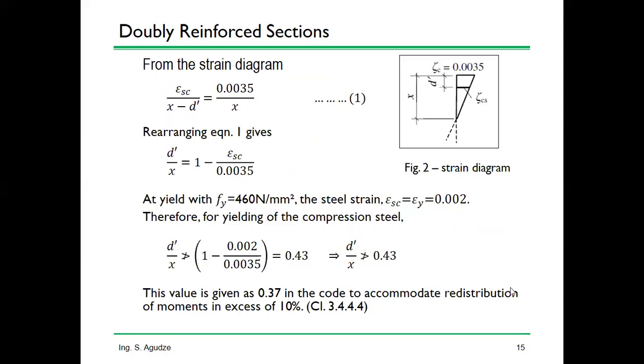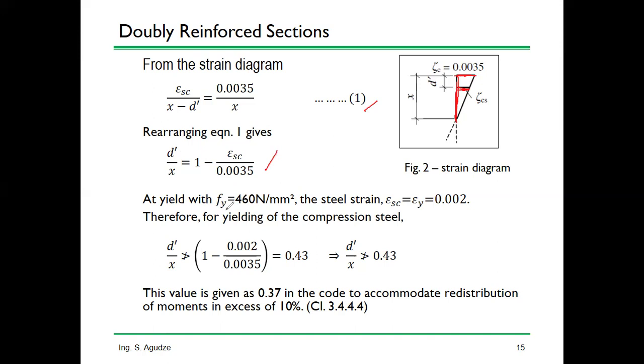Now let's learn something small from here. This is the same strain diagram, but we are just considering the compression zone. From this similar triangle, this particular one over this is equal to this over that. By the rule of similar triangles, you get equation 1. From equation 1, if I need d prime over x, I can make d prime over x the subject, and I'll get this particular equation.